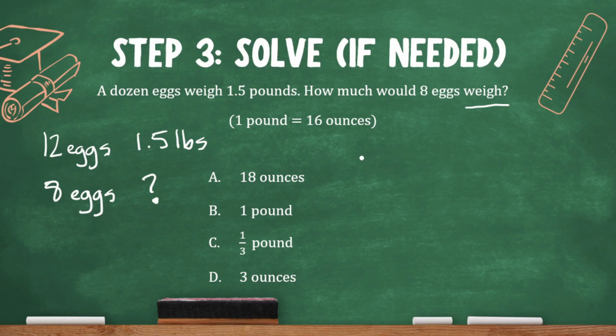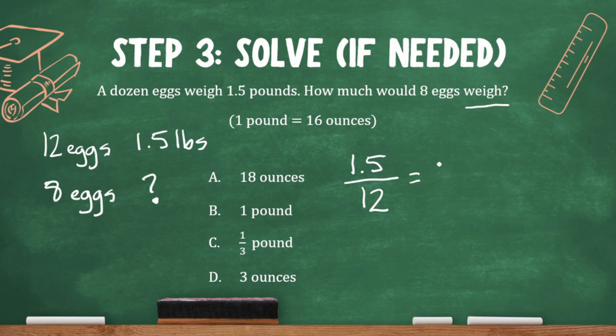There's a few different ways to solve this problem. I'm going to find out how much 1 egg weighs, and then I'm going to multiply that by 8. So I want to know the weight per egg. So I'm going to do the total weight over the total number of eggs I have right now and find out the weight per egg.